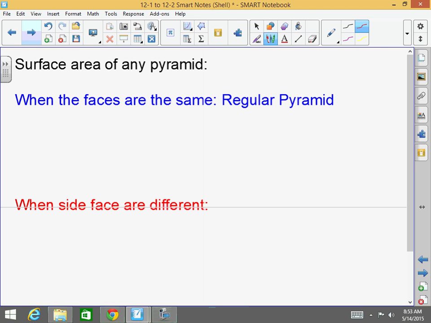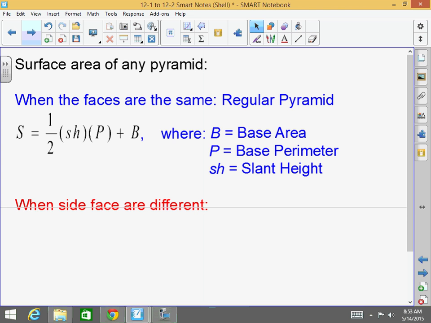So now the surface area of any pyramid, that's the beautiful thing here, is one half of slant height times perimeter plus base area. The capital B is the base area, P is the base perimeter, and SH is your slant height.